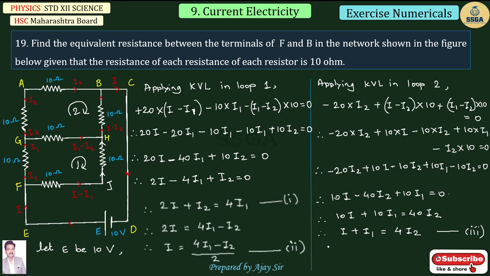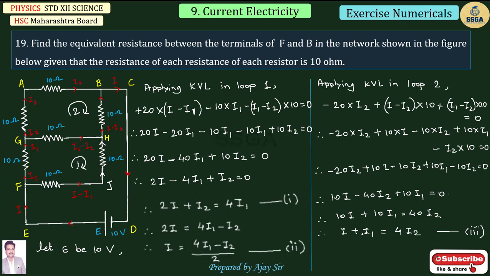So after substituting, we can write this on the next page. Just instead of I1 we have to put the value of I1, substituting equation 2 in equation 1 directly. So then on the right hand side you get 4 into I2.